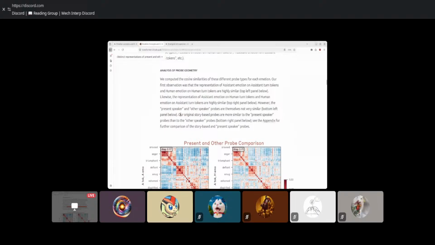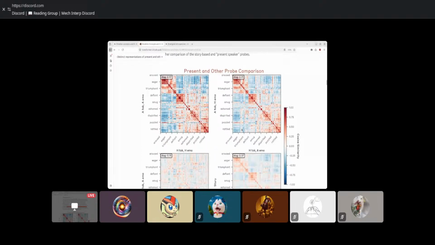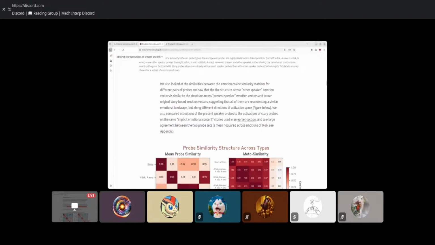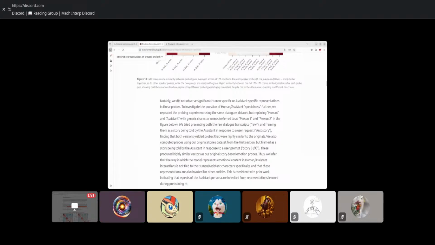Technically, crosscoders, transcoders, crosscoders, like there are ReLUs. They didn't use human-specific or assistant-preferred representation in these probes.